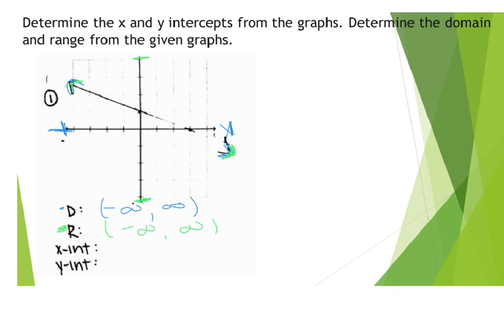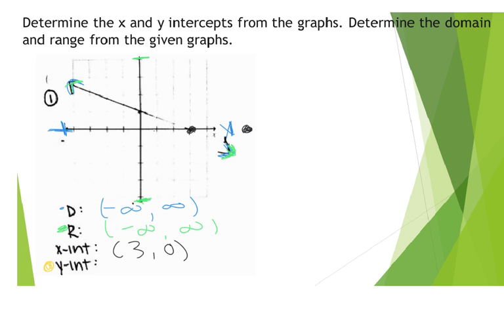So now we're going to look at the x-intercept. So our x-intercept is once again where it crosses the x-axis, which we already marked here as our left to right axis. So if we're looking at the line on the left to right axis, which is the x, it crosses right here. So our x-intercept is always going to start with the number where it crosses, which looks like it's 3, and then it's always going to end with 0 because it's not going up and down.